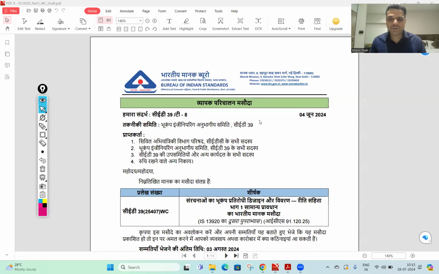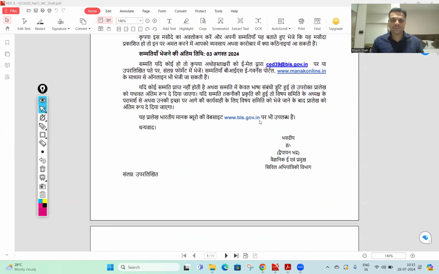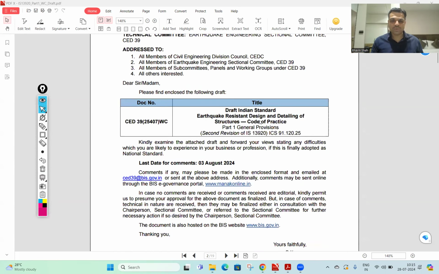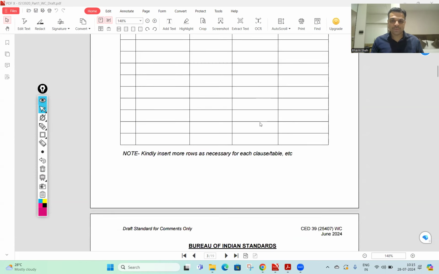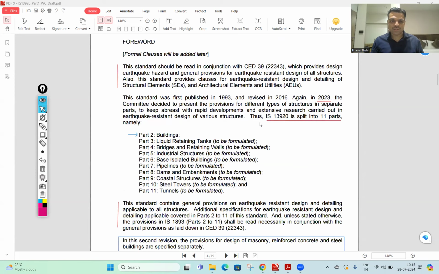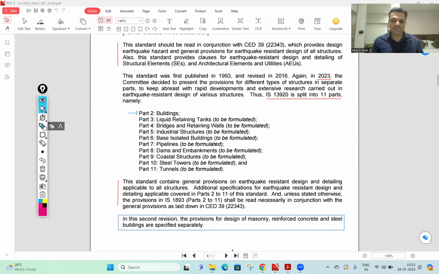As we know, IS 13920 will now be divided into 11 parts. Part 1 is a general document, which will be applicable to all kinds of buildings. Part 2 is exclusively focusing on buildings.